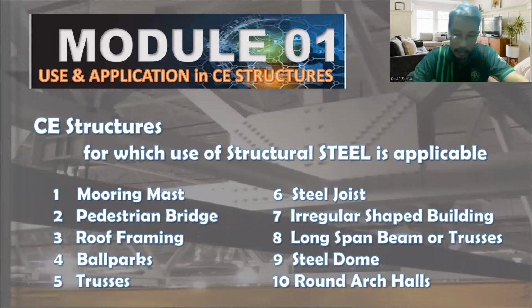Number one, mooring mast. It's possible to use structural steel as a mooring mast because the application requires back and forth motion of loading, or the load characteristic gives us back and forth motion.